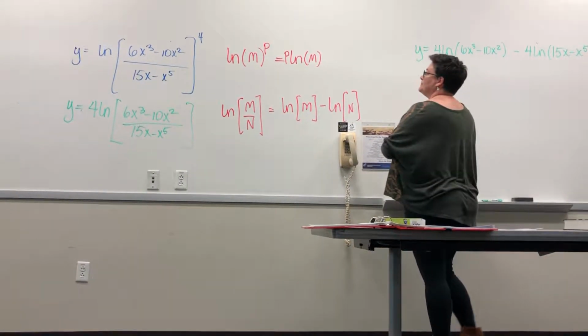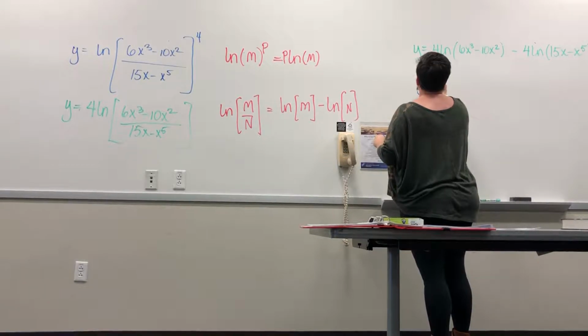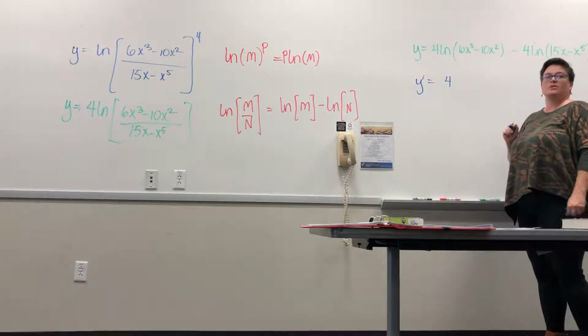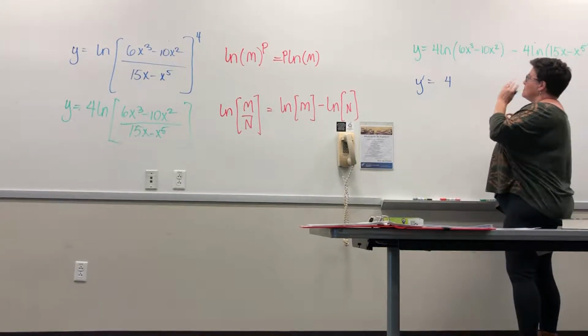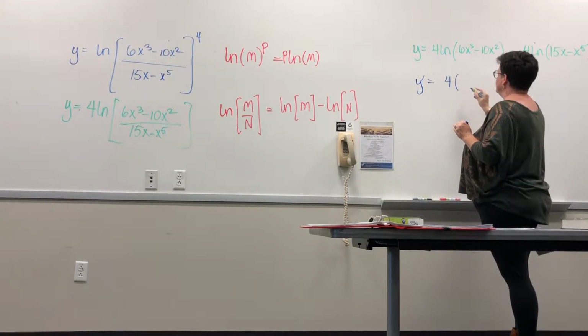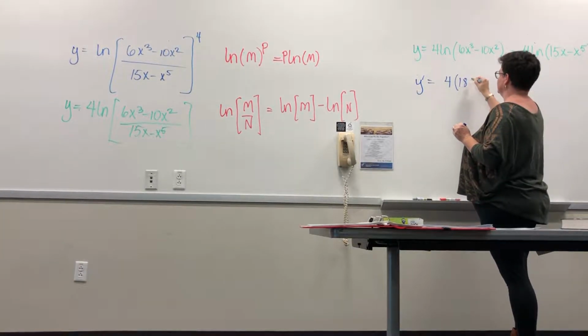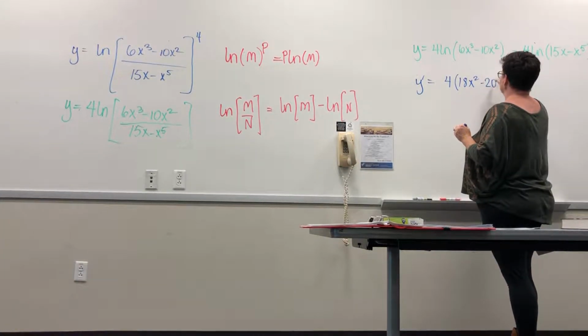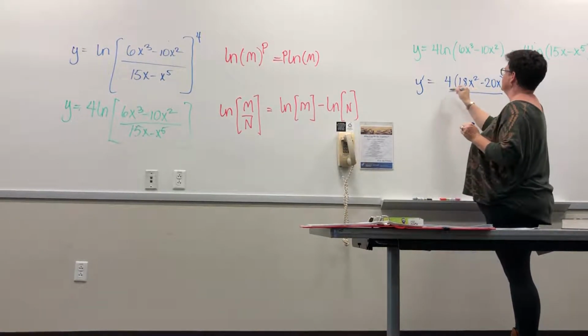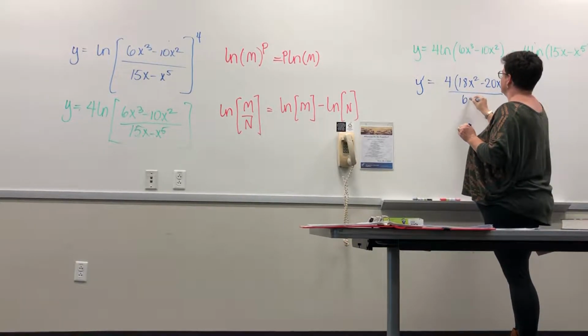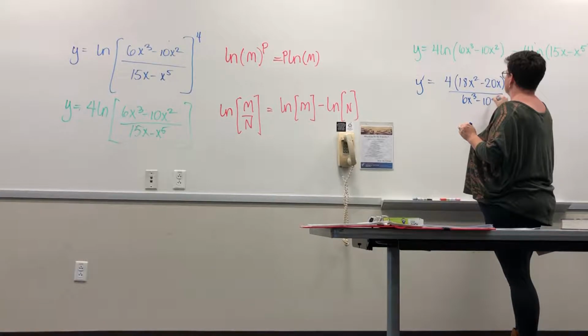What is it? y prime equals 4. Constant coefficients always go along for the ride, guys. So what's the derivative? Don't overthink it. 18x squared minus 20x divided by 6x cubed minus 10x squared.